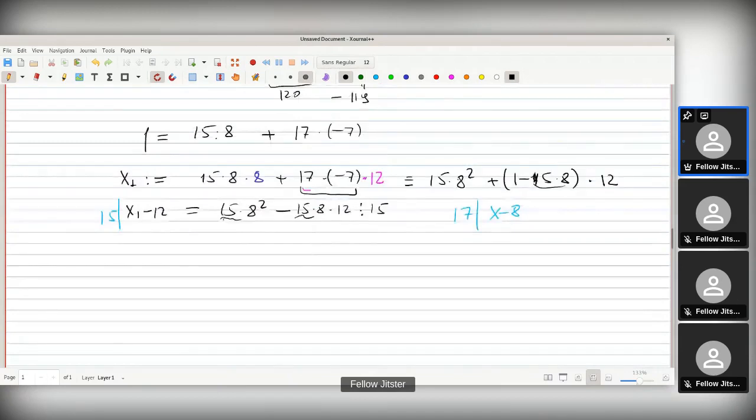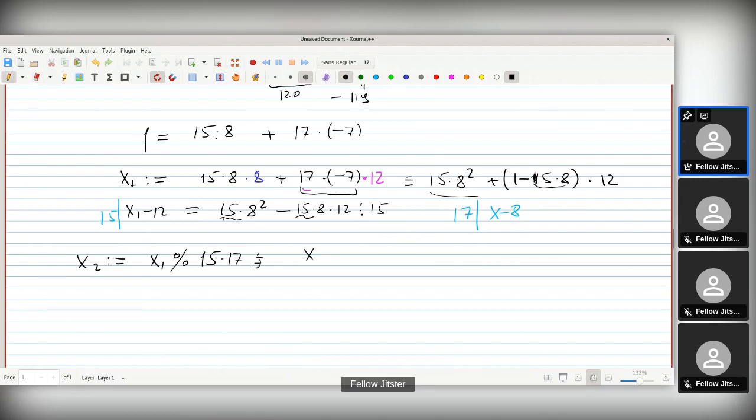But let us put it in range. Let us consider x2 and take the remainder of x1 modulo 15 multiplied by 17. It is not very hard to do so. Look, what do we have here?